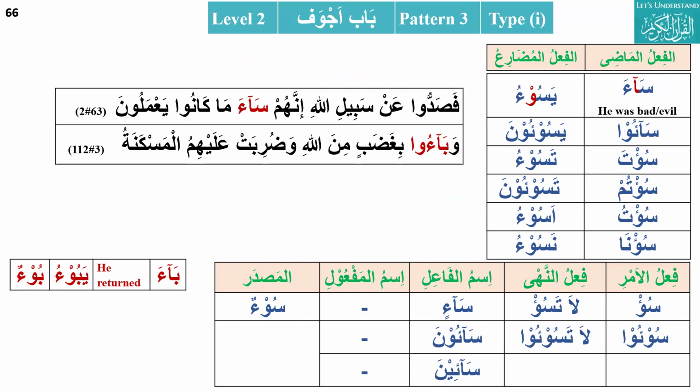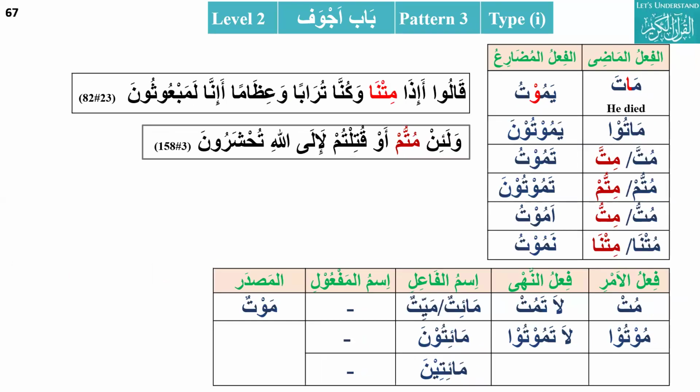So these are three: Sha'a Yashau for Khafa Yakhafu, Ja'a Yajiu for Sara Yasiru, and Sa'a Yasu'u for Qala Yaqulu. These verbs are used a lot, and they are special cases of Bab Ajwaf.